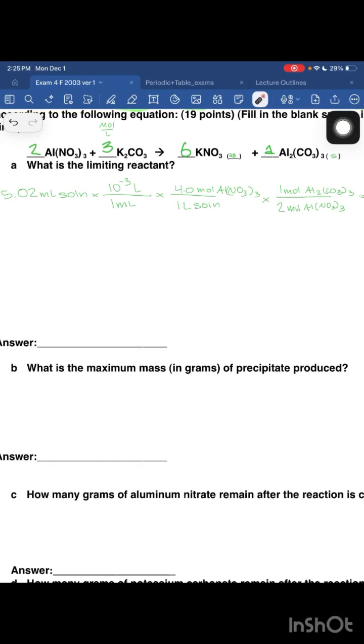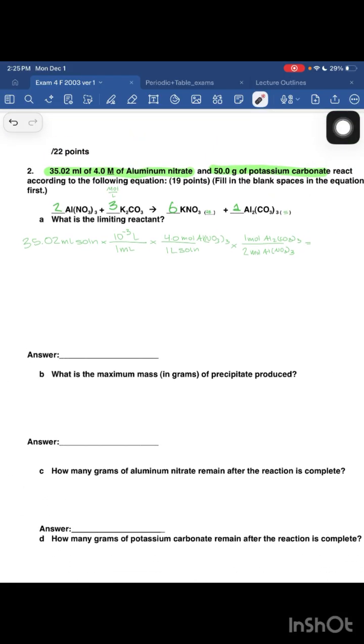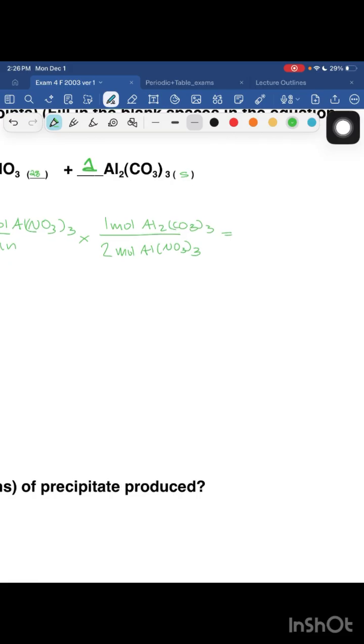If a follow-up question asks for the grams of precipitate produced, then you look for whatever was solid. That's your precipitate. This is your PPT. And since it's asking for mass, I'm just going to turn this to mass now.